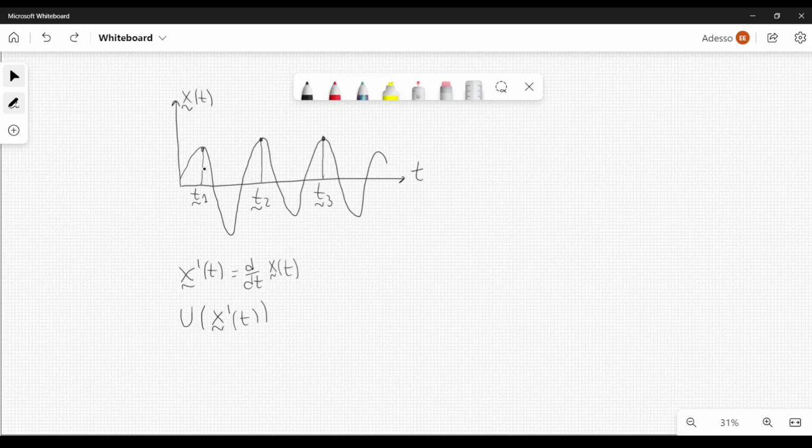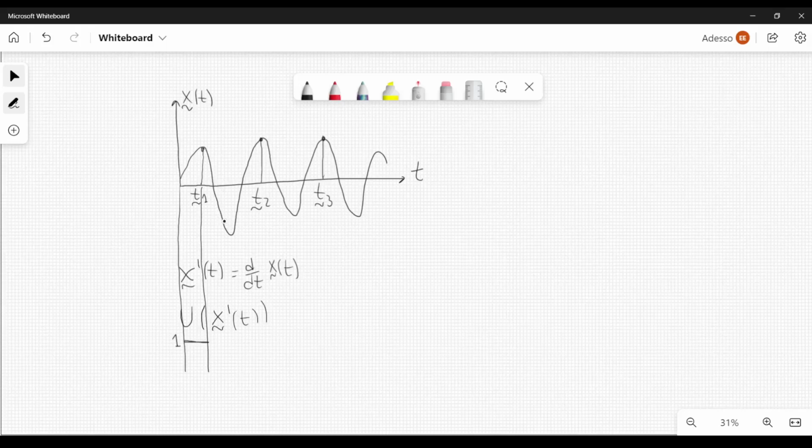So for example, here from 0 to t1, let's draw two vertical lines. Well, this function will be equal to 1 here because x is increasing, and if it is increasing, it means that x prime is greater than 0. So u will be equal to 1 here.